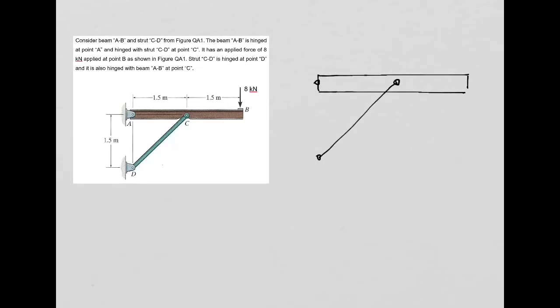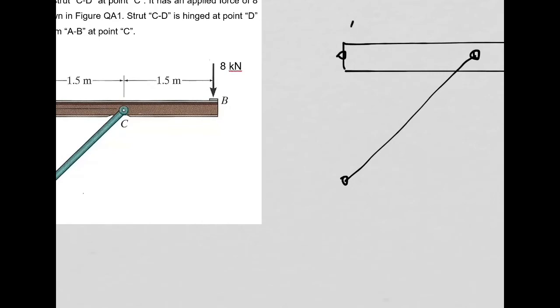So I decided this is my free body diagram. Okay? So I isolated this, the beam and the strut, they are still linked. But in order to get this free body diagram, I have to remove the support. So I removed the support at point A, which is this point here.